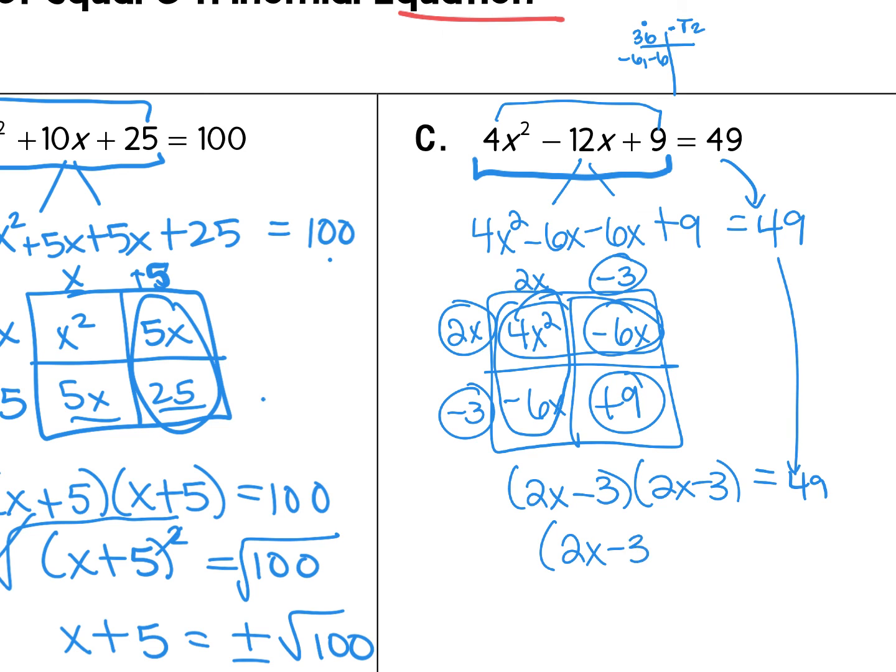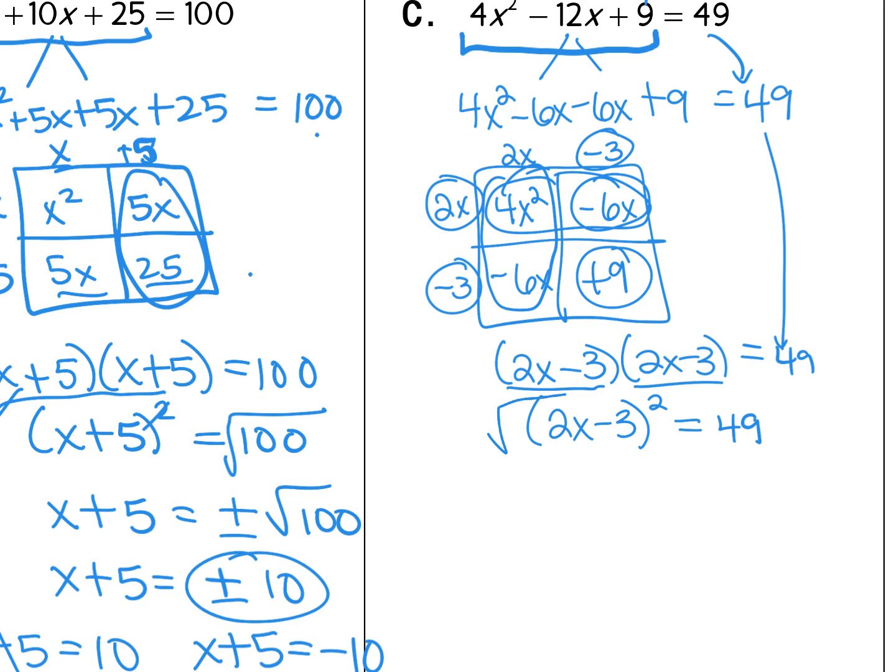I get 2x minus 3 squared. Something times itself is that thing squared. I'm going to remove this square. If I square root both sides, I get 2x minus 3 because the square and the square root cancel. And that's going to give me plus or minus the square root of 49 on the right side.